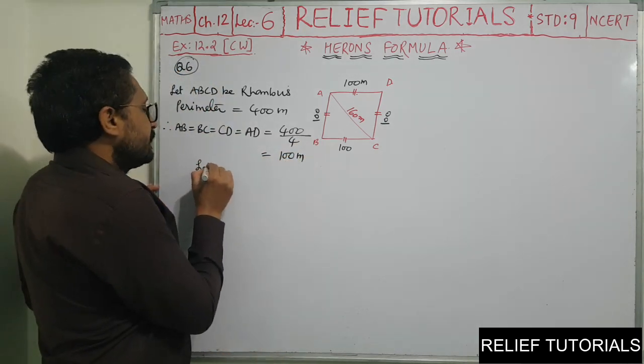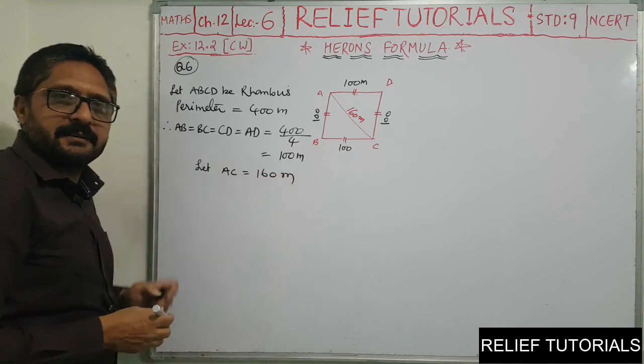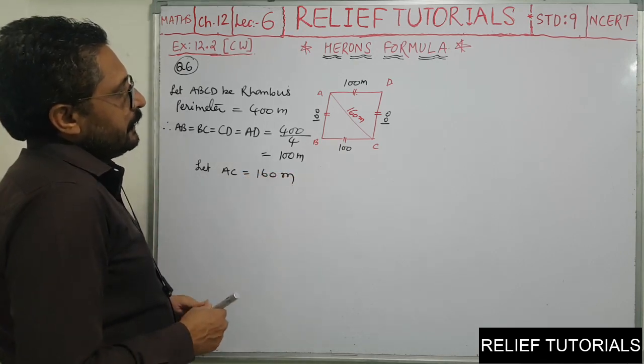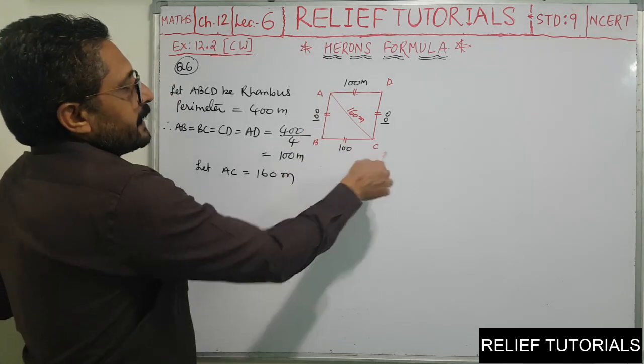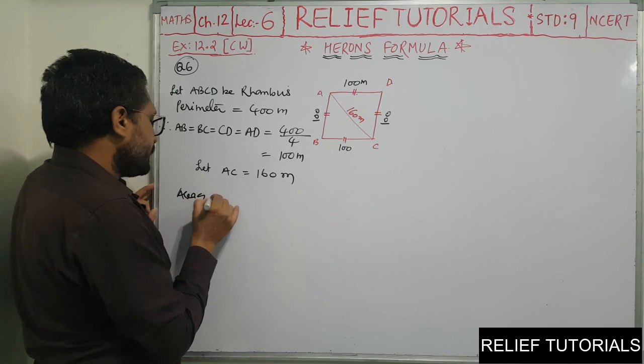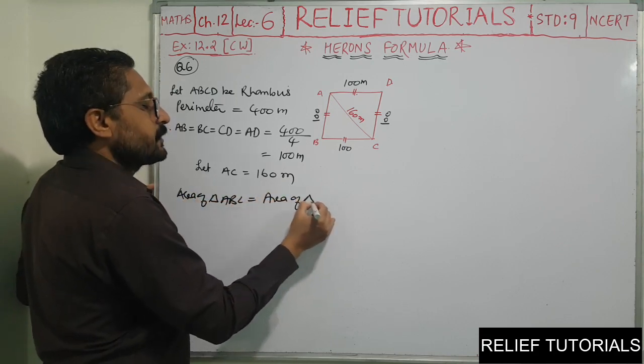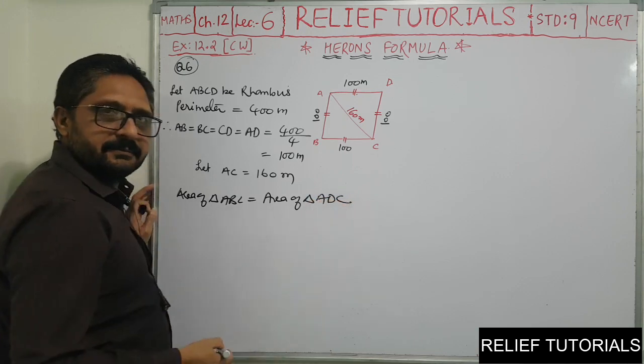And let AC be equal to 160 meter. So can I say the area of triangle ABC is equal to the area of triangle ADC? Yes, so I write that here.